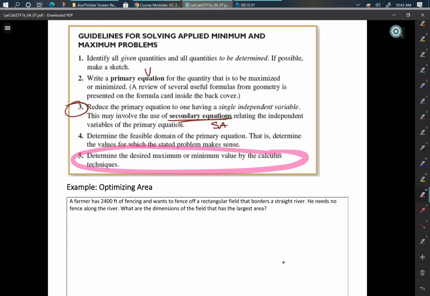This is just the fancy way of saying it. We found a primary equation, volume, that we wanted to maximize. We found a secondary equation, surface area, that we used to do a substitution to turn two variables into one variable. So our primary equation would have a single independent variable. And then we found feasible domains. We made it work doing what we had to do.